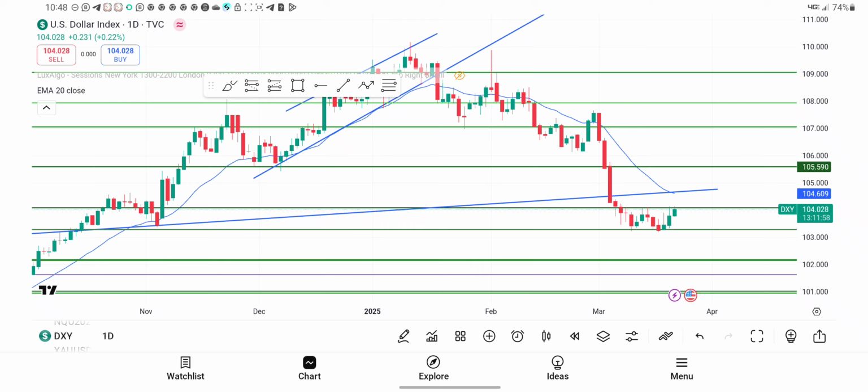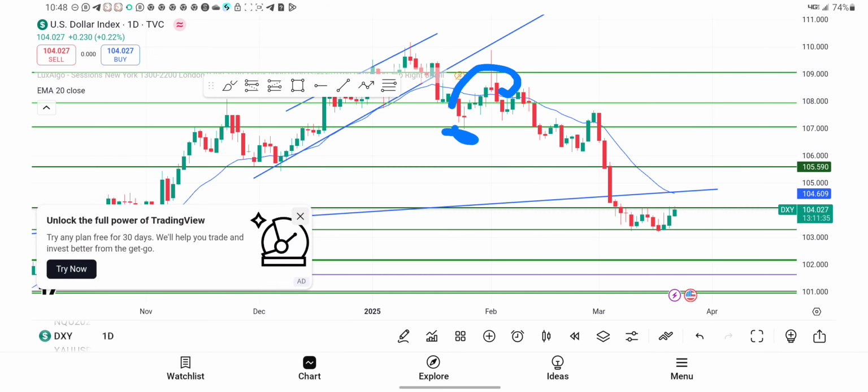So into the video for today, technical analysis. As you can see, I am starting off with DXY. In the last video where I made this analysis, the market was around this level, and I highlighted this particular level over here.